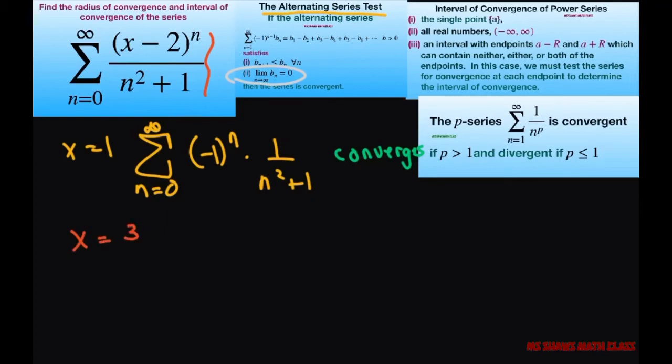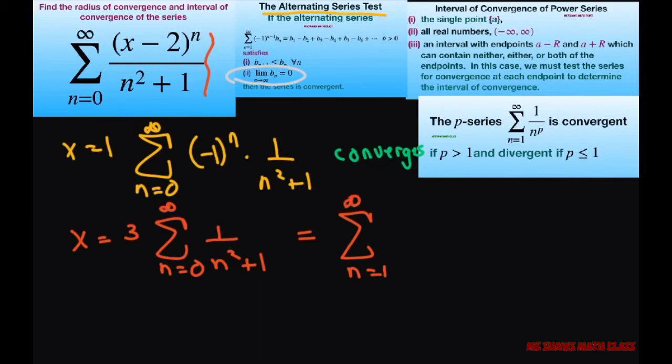So when x is 3, we get the series n equals 0 to infinity of 1 divided by n squared plus 1. And we're going to compare it to the series, the sum n equals 1 to infinity of 1 divided by n squared.